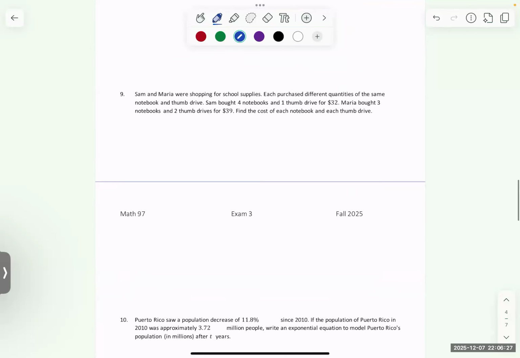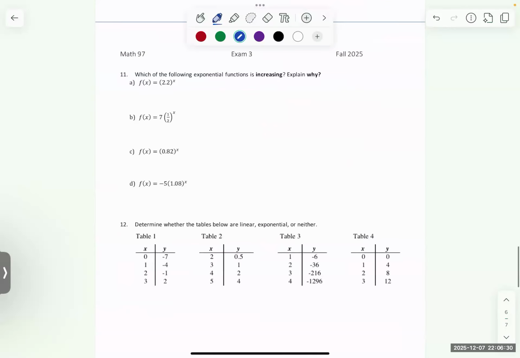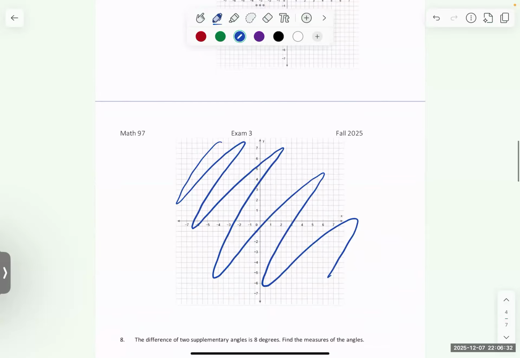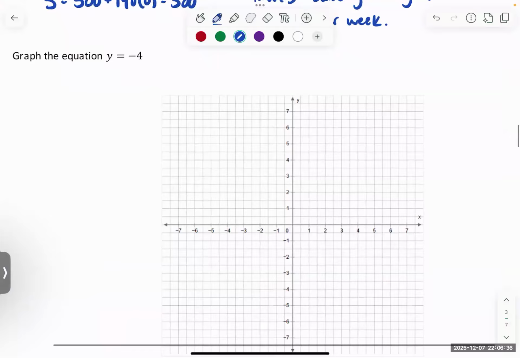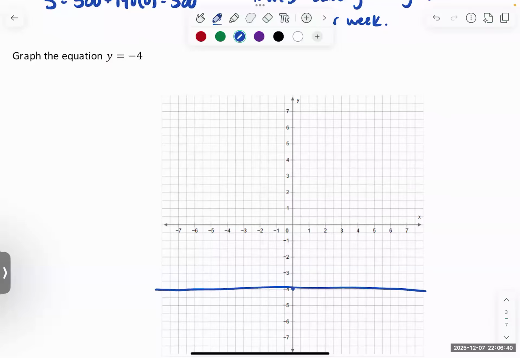Oh, that means all this. Oh, whatever. So y equals -4. That's just a straight horizontal line crossing y equals 4. That's it.